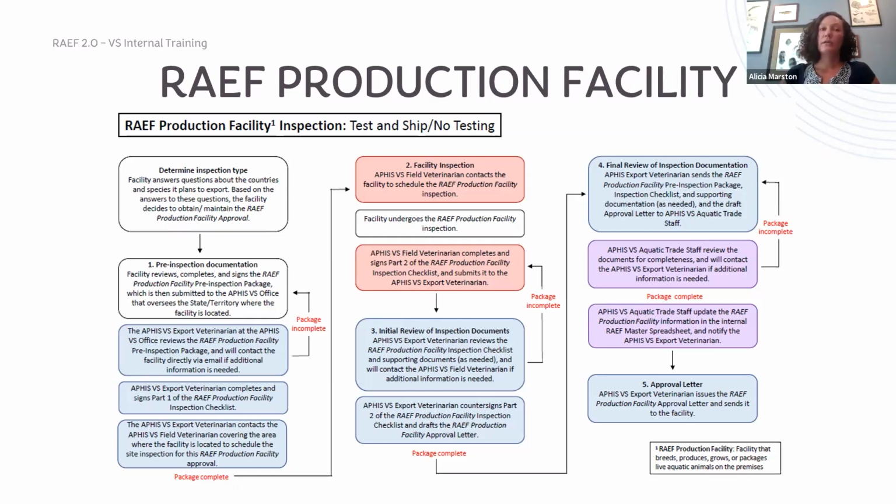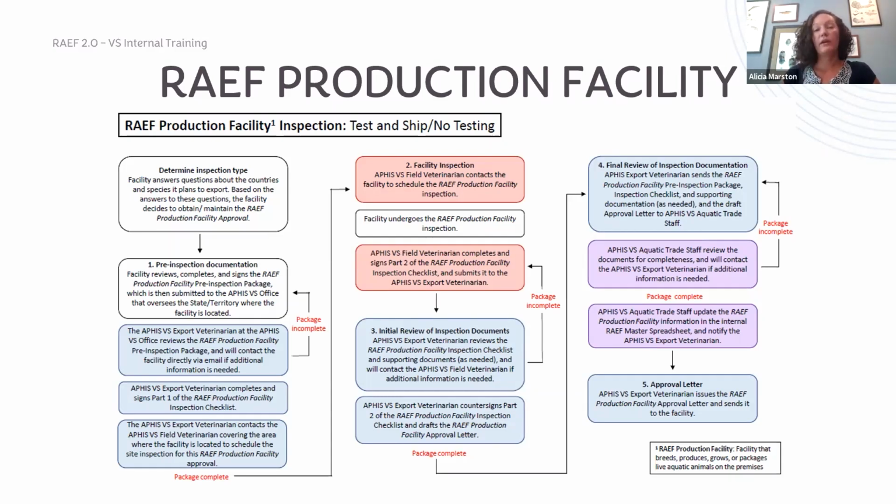The export VMO is going to receive that pre-inspection package. They're going to look over it, make sure it's complete. And if there's any questions, then the export VMO will be communicating directly via email with the facility to obtain any additional information and make any corrections.